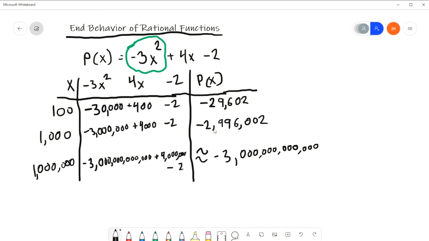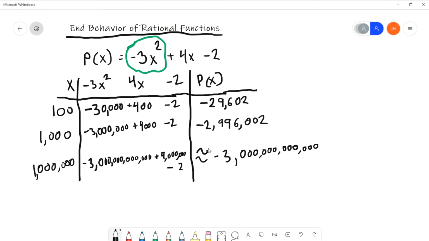In fact, as I plug in x is a million, negative 3x squared would be negative 3 trillion. That is 12 zeros there. And then 4x is only going to be 4 million. Now you may be saying, 4 million, man, I wish I had $4 million. That's a lot. But in the context of 3 trillion, 4 million's kind of nothing.